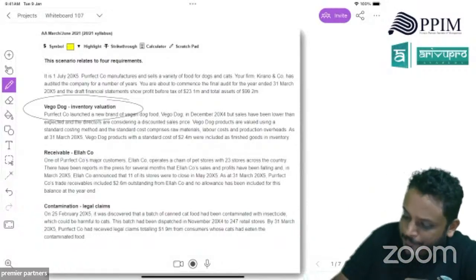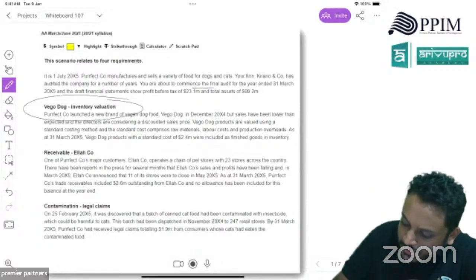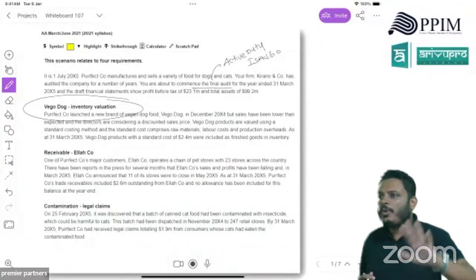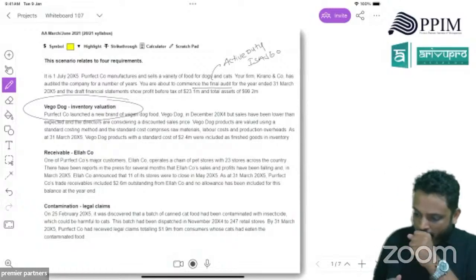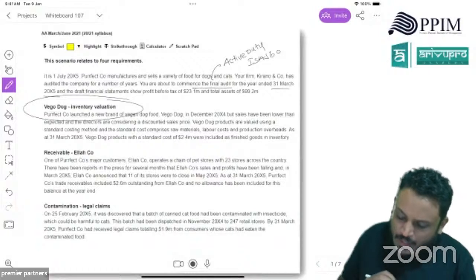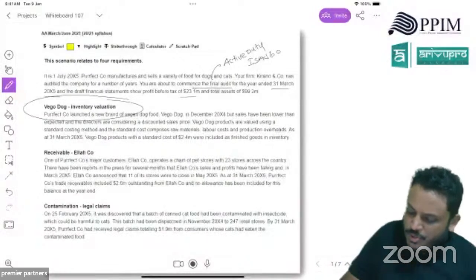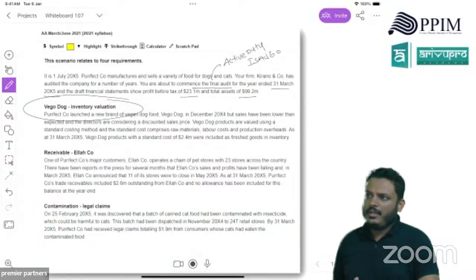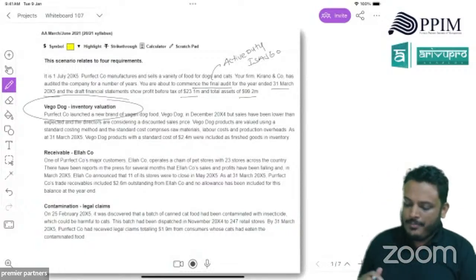See here, we are at the final audit, so actually it's in the subsequent events period under ISA 560. So we have the right to modify the report. Year end is 31st March. Draft financial statements show 23.51 million, total assets 99.2 million.